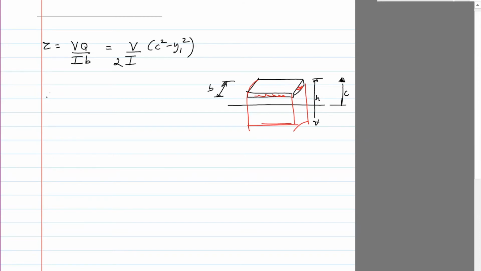If 2c equals h, which is just the notation I used, the inertia is 1/12 b h cubed, but h is 2c, so 2c cubed. Simplifying this gives me 2/3 b c cubed.